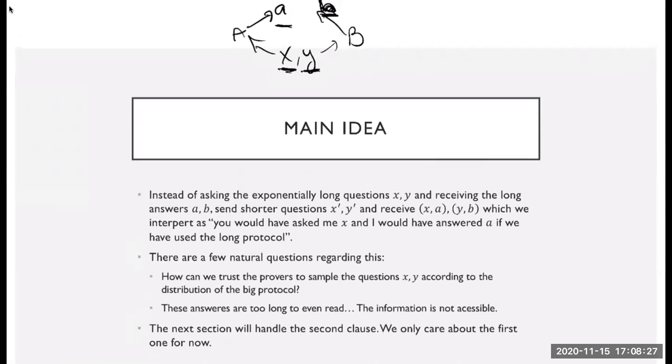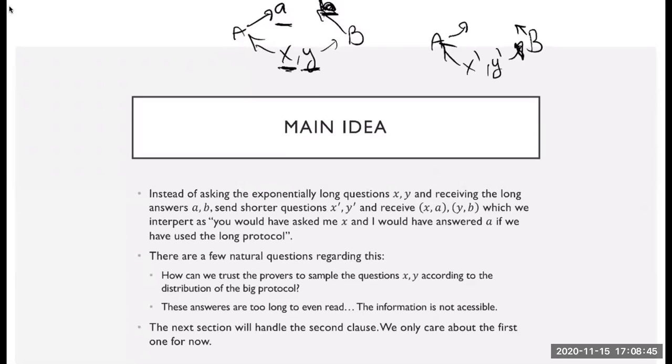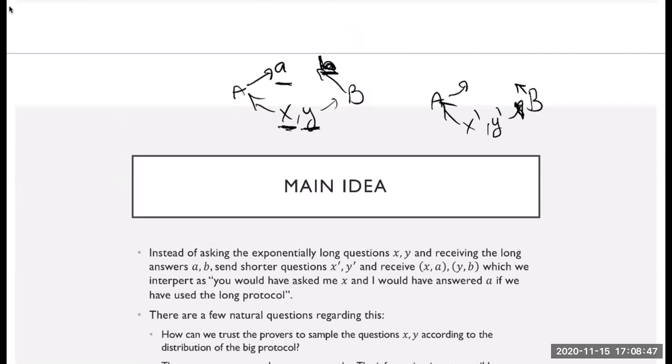Now I'm going to change it a bit. I'm going to send polynomial sized questions X prime and Y prime to A and B, and they will answer with a pair: A will answer x comma a, and B will answer y comma b.